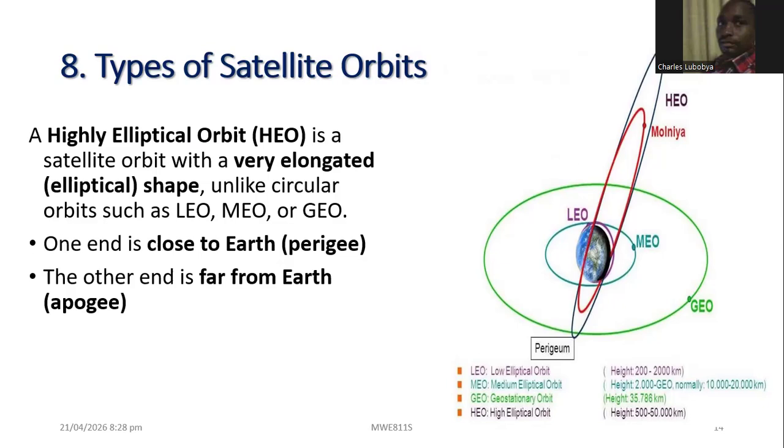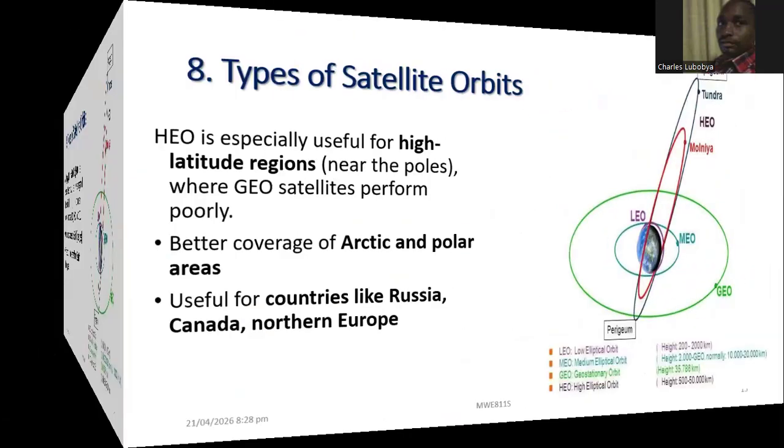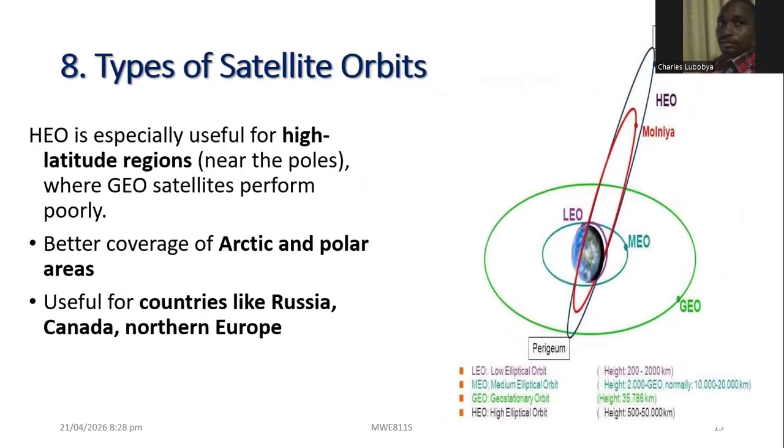Because these satellites are launched mainly closer to the Earth, they are best used in applications in areas that are closer to the Arctic and polar areas. That's the coverage area.